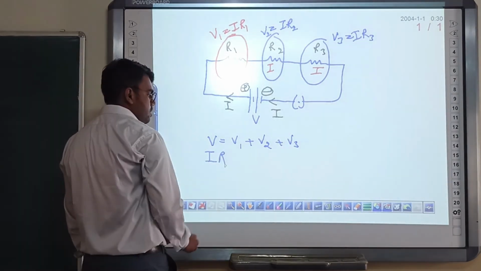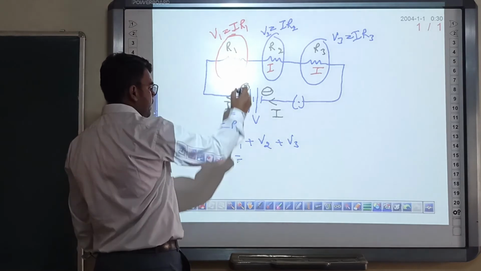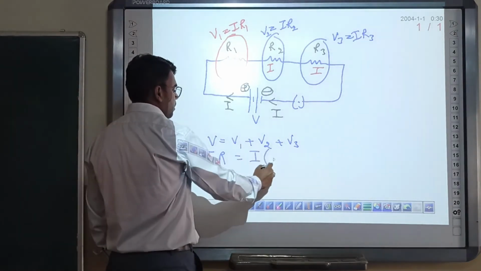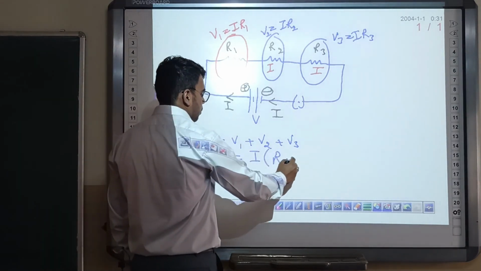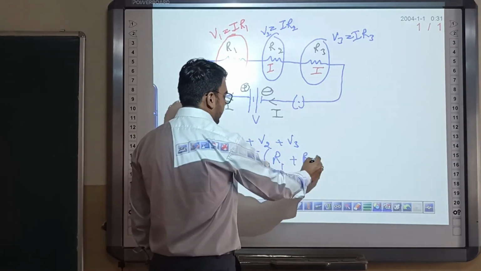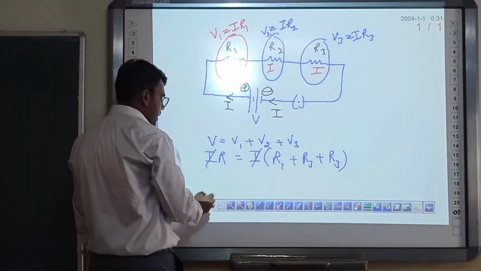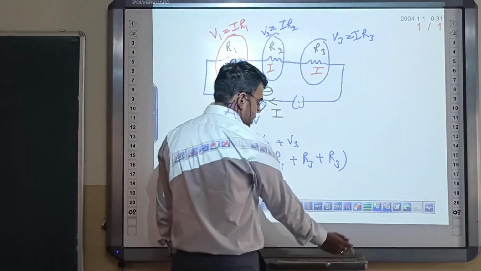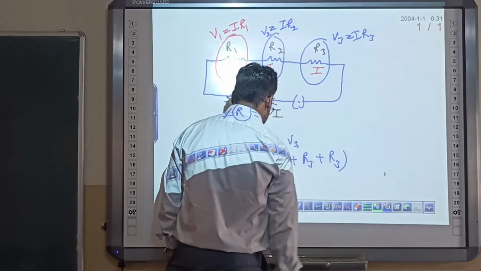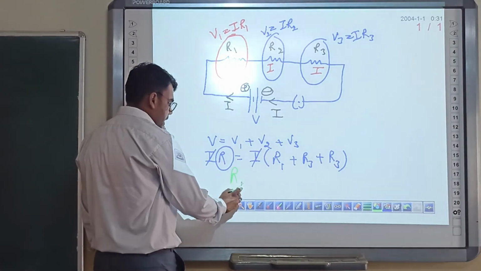If we put in the values, we will get V is equal to IR. We know that this is Ohm's law. What is V1? IR1. What is V2? IR2. And what is V3? IR3. I took I as common, this I will cancel I, and we call this resistance the total resistance, or R series.